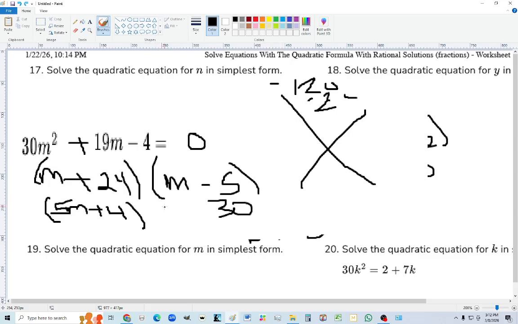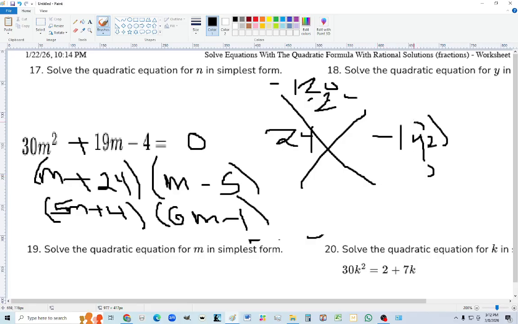This becomes 6. 6m in front of m. So if I just test it, 30m squared minus 5 plus 20 is, nope. So again, I've done something wrong because I didn't use the factors that I figured out. 24 minus 19. Yeah, minus 19, that's the problem.